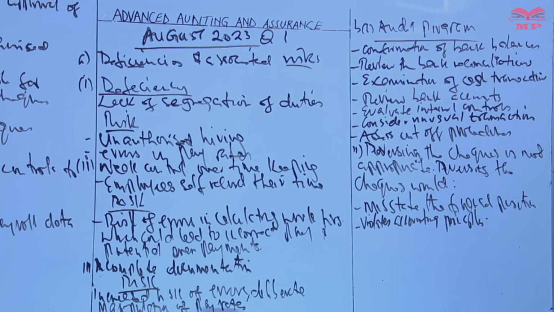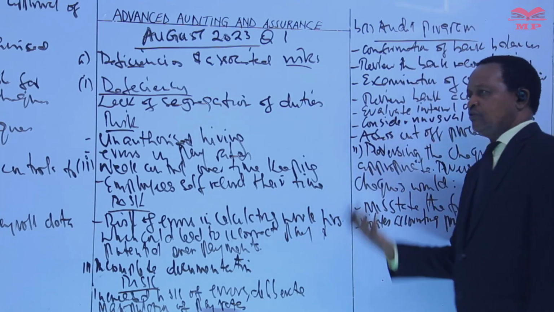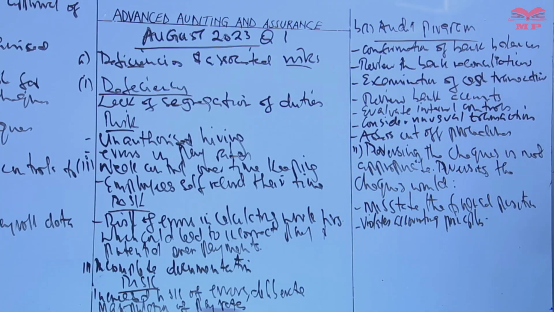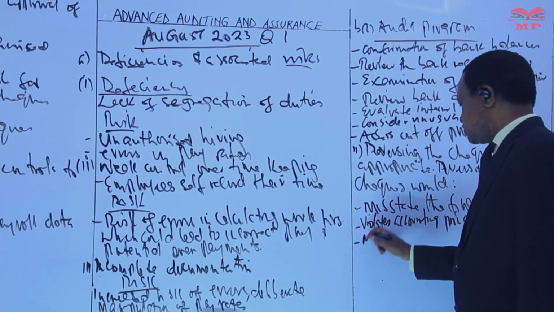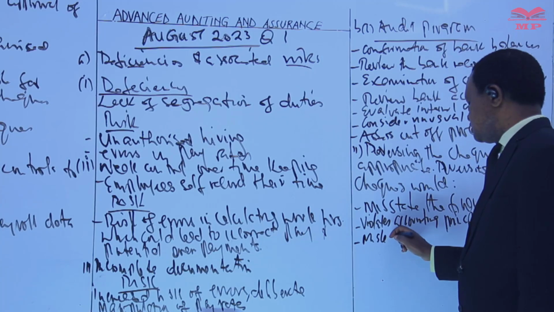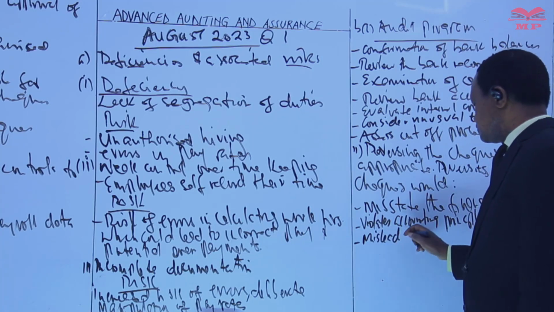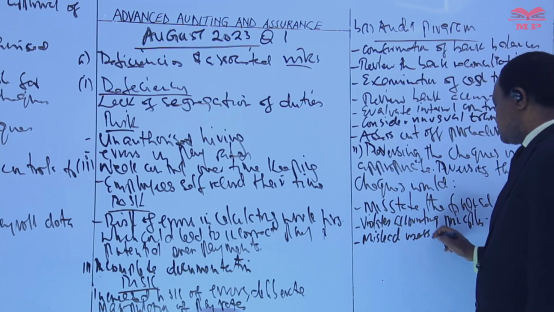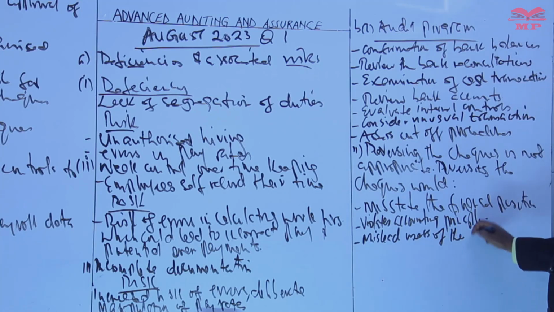How does it violate accounting principles? It would not accurately reflect the economic substance of the transactions. The economic substance of the transaction will not be stated. And that would potentially mislead users of the financial statements.